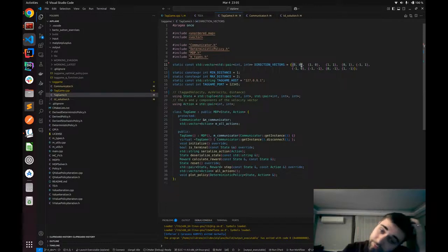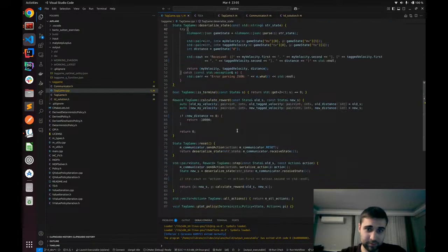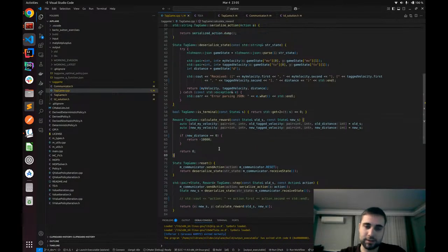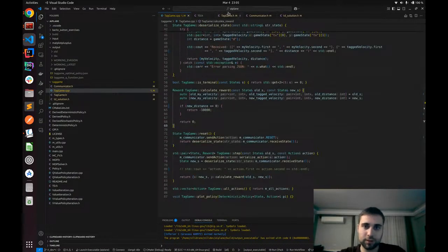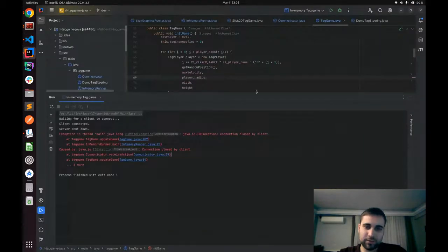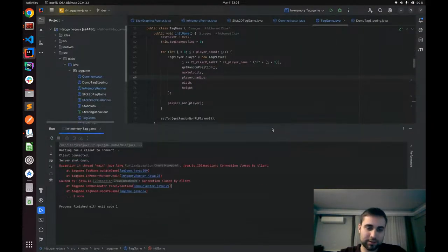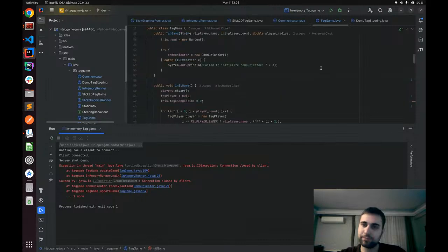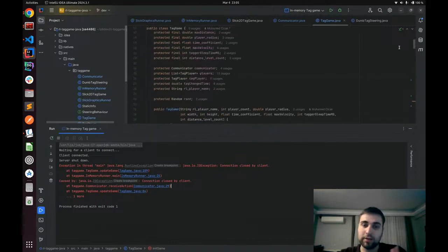And the agent's supposed to learn how to evade based on a very simple reward mechanism. If the new distance is 0, i.e., if I'm caught, then it's a negative reward, otherwise it's 0. And it doesn't work perfectly well, but it works okay-ish.